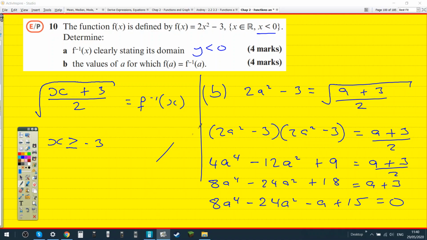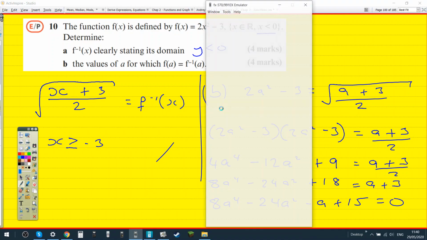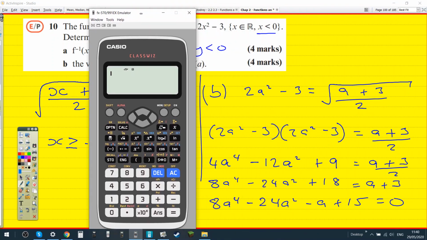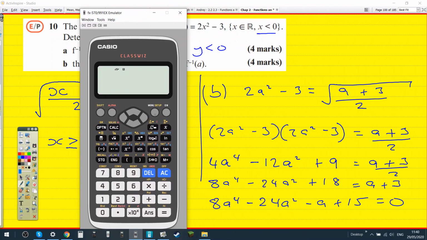Calculator. Very good. So I'm going to use simple calculator. Suppose I could use the other one. Equation polynomial degree 4. I didn't get the nicest numbers.